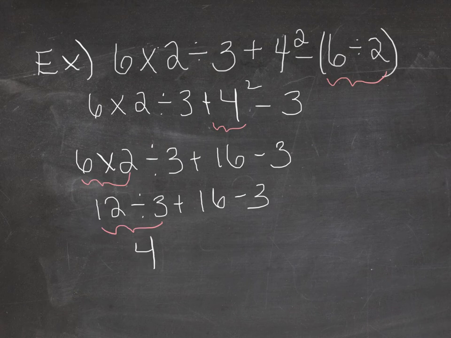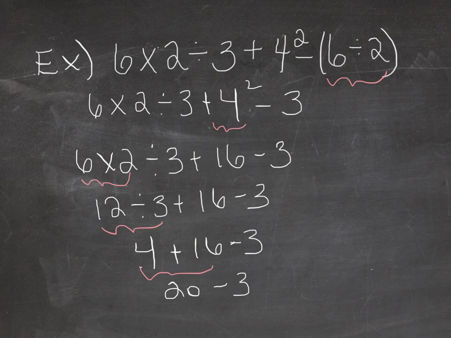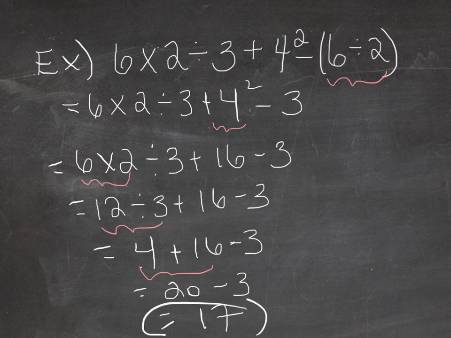So 4 plus 16, subtract 3. And now I have only addition and subtraction left, so I'll do 4 plus 16 first, so that'll be 20, minus 3, so I'll end up with 17 in the end. So following all those all the way along, I end up simplifying this expression to just 17.